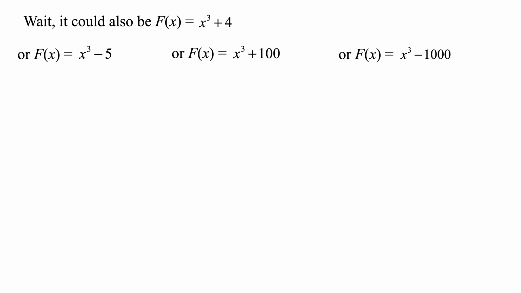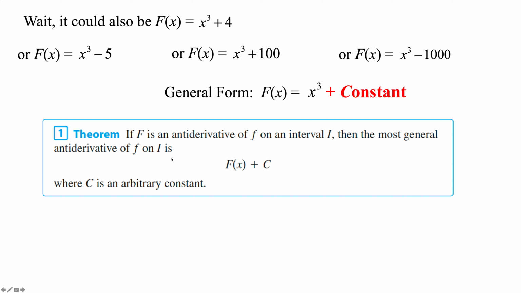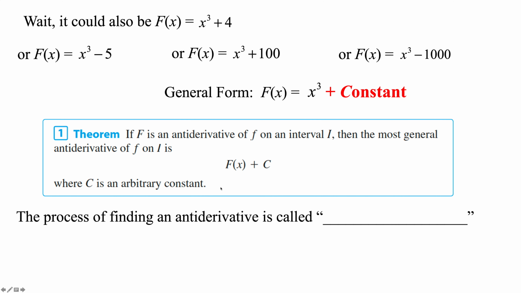X to the third plus 10,563,284. Whatever constant you want, because when you take the derivative of that, it's a 0. So the general form for our antiderivative function is going to be capital F of x equals x to the third plus some constant. So we're always going to add on a plus c. And that's what our theorem is saying right here. And again, c is going to be any arbitrary constant.